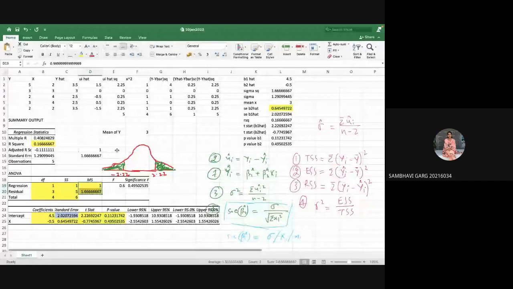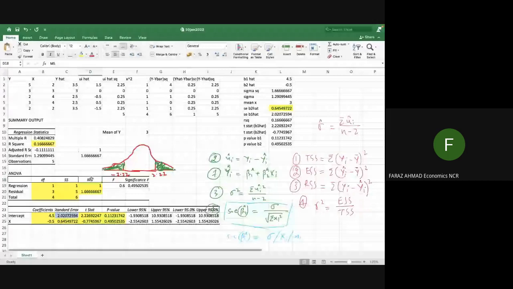Now, F statistic is... Sir, could you please repeat this? This we have already calculated the degrees of freedom and sum of squares. Now we are calculating mean sum of squares. So we have 3 sum of squares: the ESS, the RSS, and the TSS.